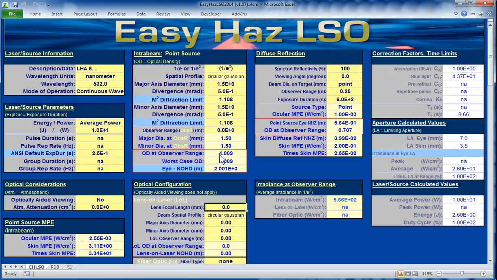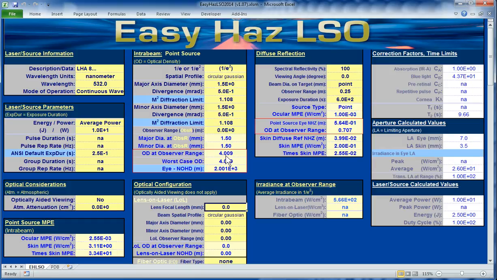But if we're under 4.1, we'll round down to the nearest whole OD, which in this case is 4. And it's perfectly acceptable because there's plenty of cushion built into the tables that we're reading from to calculate our MPE and eventually get our results here.